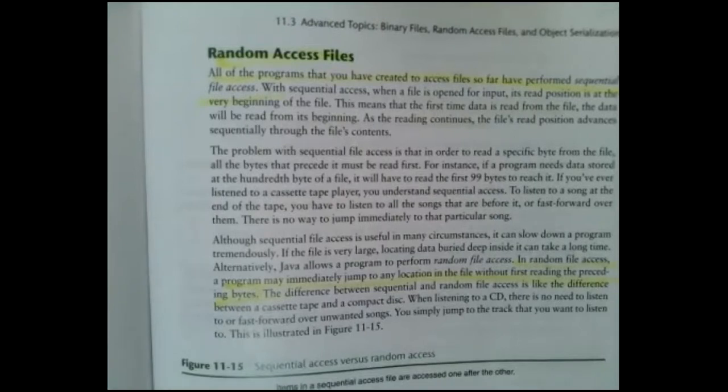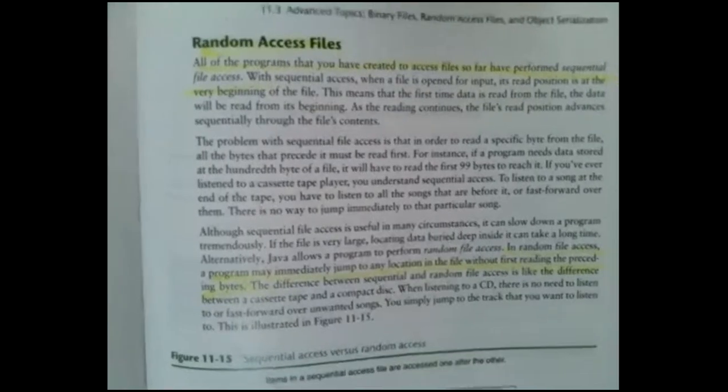Part 2 of section 11.3, dealing with random access files. As you're starting to see, there are different types of files for different uses, and this one's kind of interesting. I like random access files. A random access file is a little different.